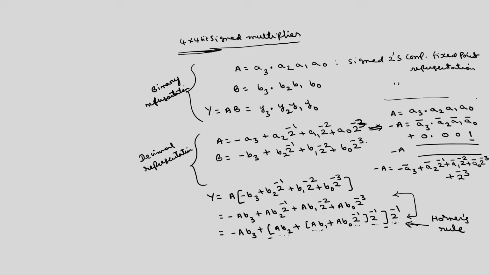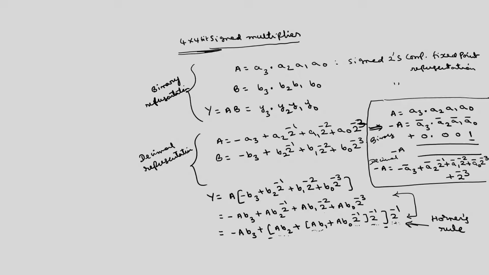So, this is the complete representation of minus A in both binary form as well as decimal form. These results we are going to use to obtain the final architecture. This is one important thing.